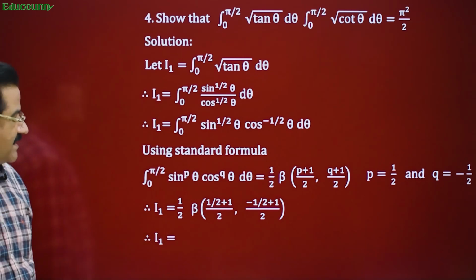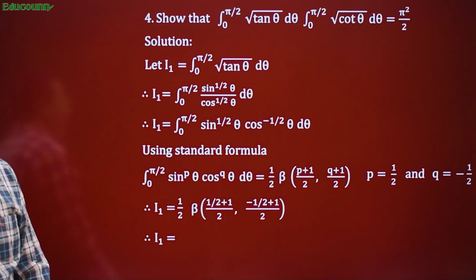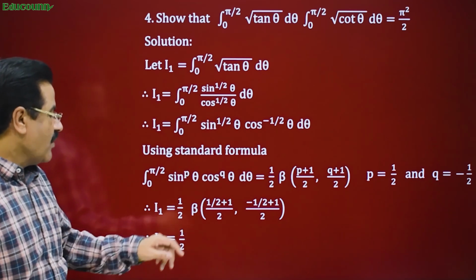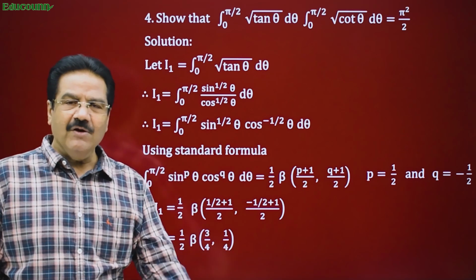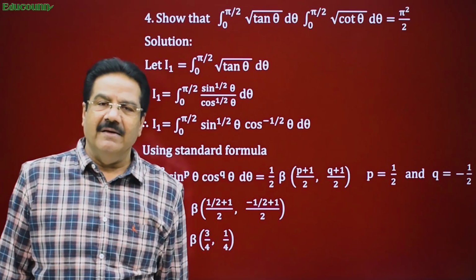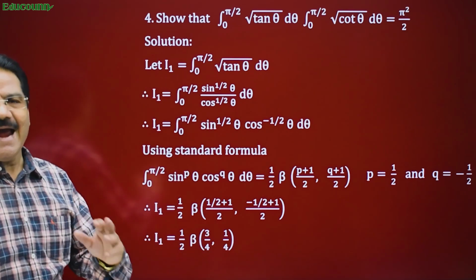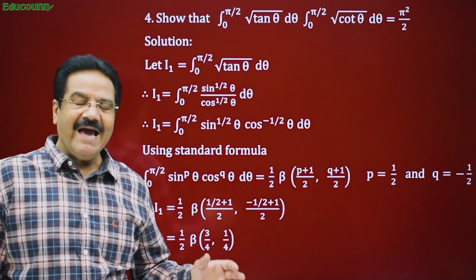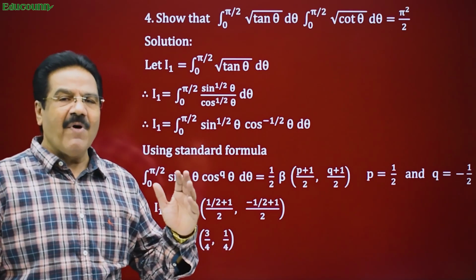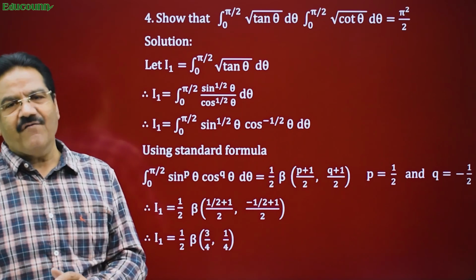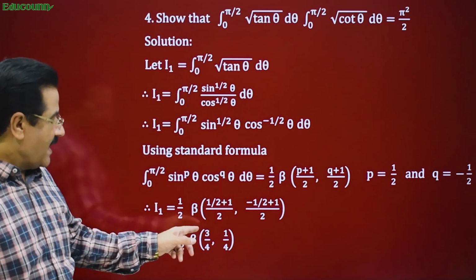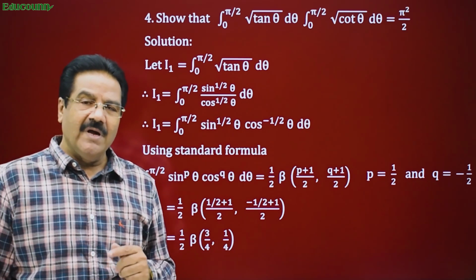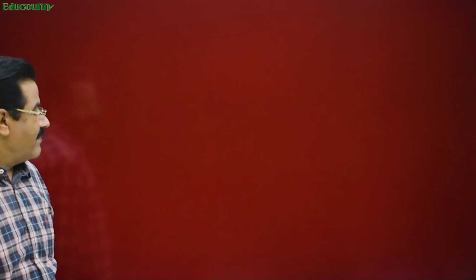And therefore we can say that I1 is equal to 1 by 2 times beta of 3 by 4, 1 by 4. Again, by using one more property, that is the relation between beta and gamma function, beta of m, n is equal to gamma of m into gamma of n upon gamma of m plus n, we can take the value of m as 3 by 4 and the value of n as 1 by 4.